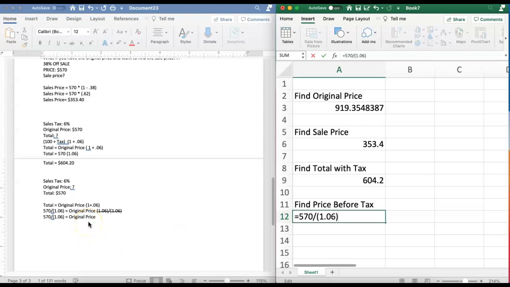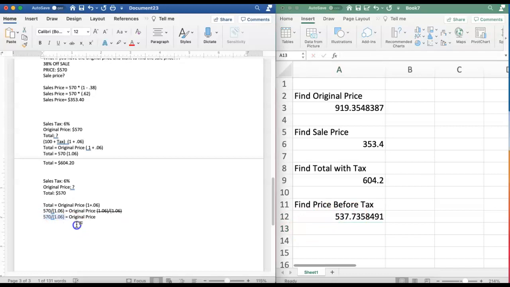Okay, so I'm going to press enter. Now, we want to think about this logically. This gave me a smaller amount, $537, and we're going to round to the nearest cent, and 74 cents. So, does it make sense that I have a lesser amount of money, 74, than I did in the problem up here?